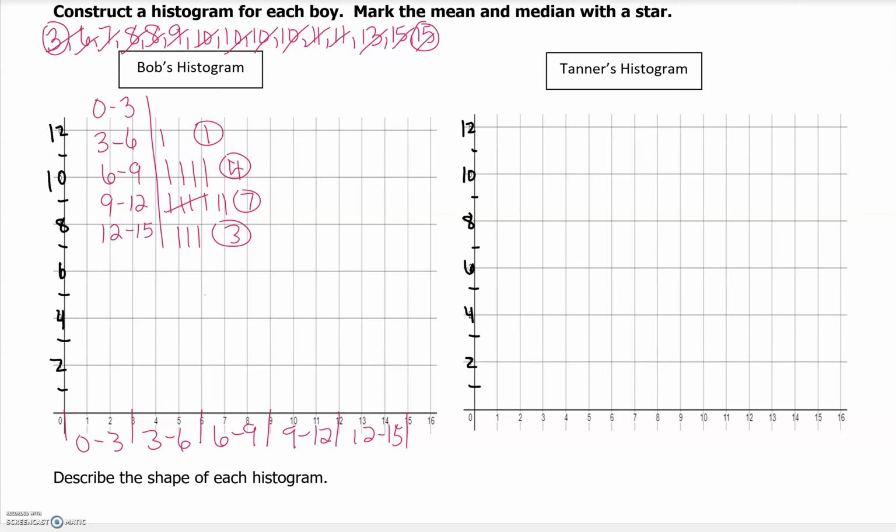So 0 to 3 does not have any. It has 0, so I don't need to draw a bar for that group. That will show a gap on my graph. 3 to 6 had 1 tally mark in that group. So I'm going to draw a line hovering over the 1 and fill that in for my bar.